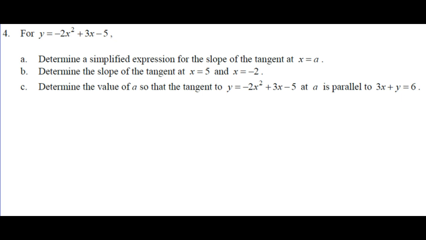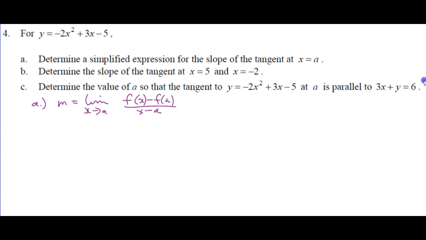So we do the same idea, but in this case we're just going to leave it as a. We're not going to put in a value.